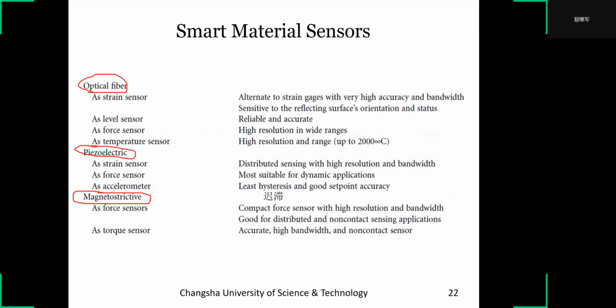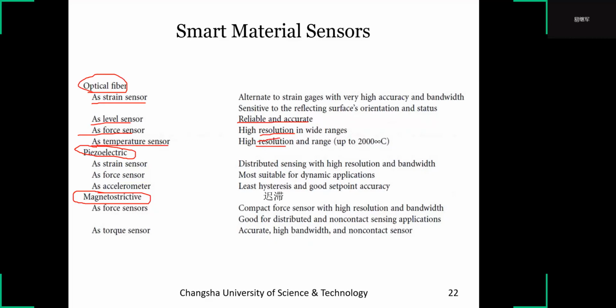Optical fiber can be used as a strain sensor, level sensor, force sensor, temperature sensor. All these sensors have high resolution, reliable and accurate.